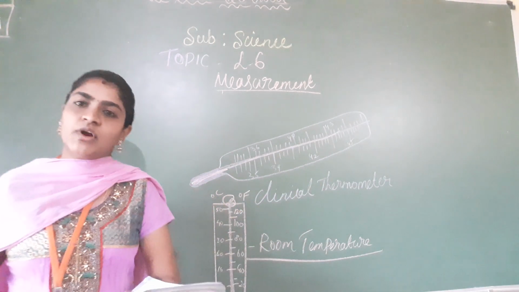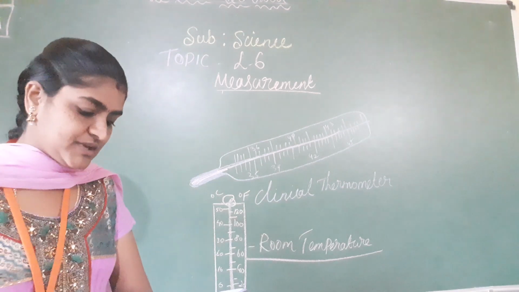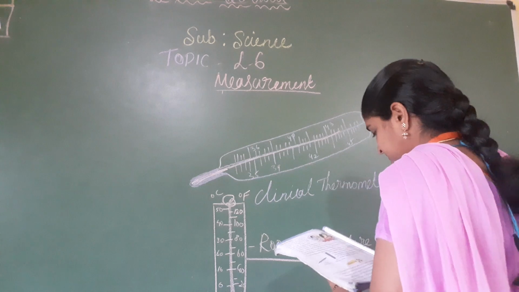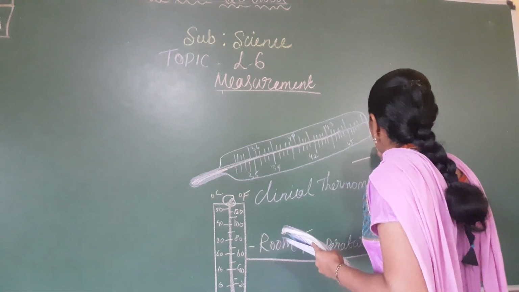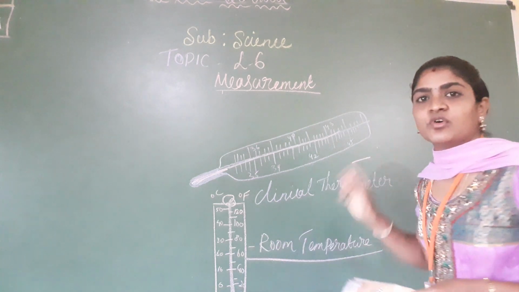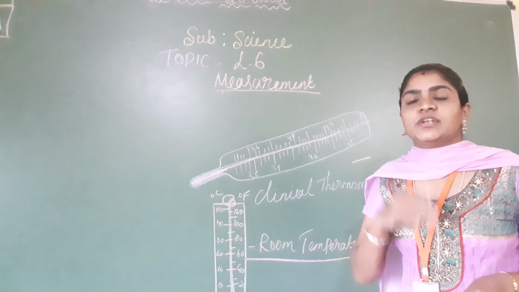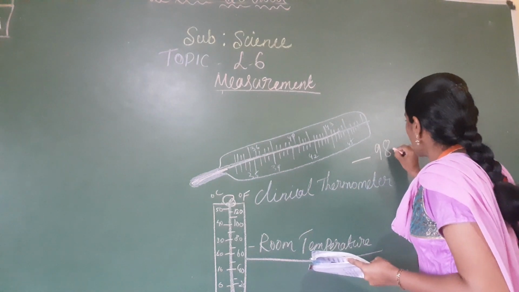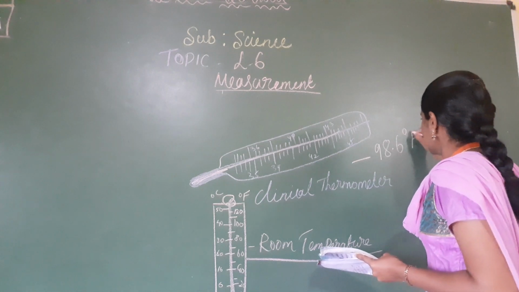What is the normal body temperature? Normal body temperature is 98.6 degree Fahrenheit. If you don't have a fever, your temperature should be normal, that is 98.6 degree Fahrenheit.